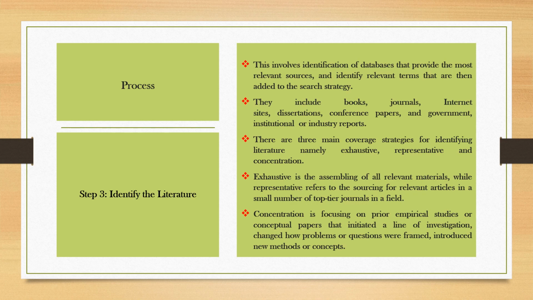The third step that you do once you have defined your research objectives is now to identify the literature. What kind of literature do you need to enable you respond to the various issues that you want to investigate in your research objective?